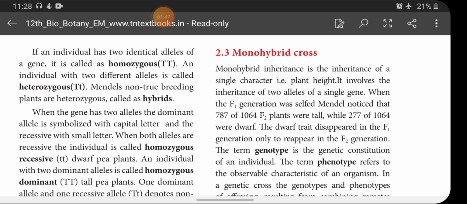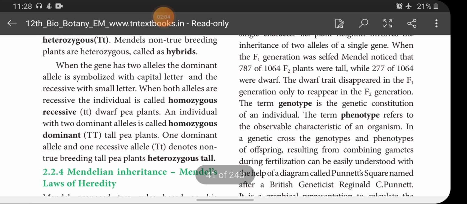Though it is a tall plant, it possesses both alleles for the two traits. And this is called what? Heterozygous. If a tall plant consists of capital T small t, then it is called heterozygous. Mendel's non-true breeding plants are heterozygous, called hybrids.